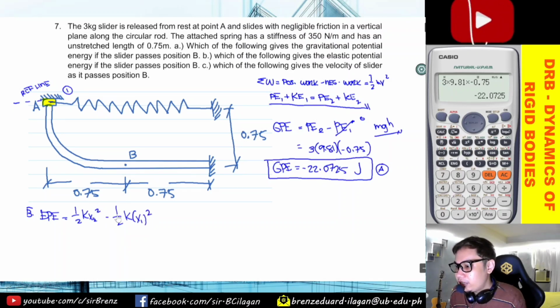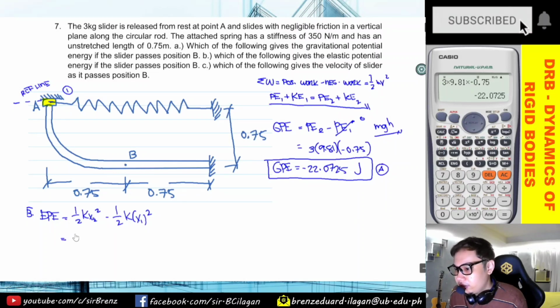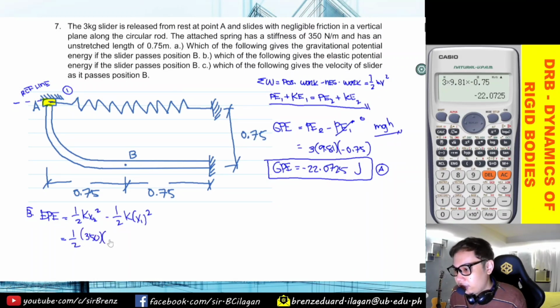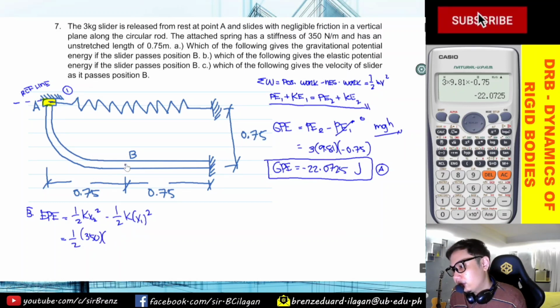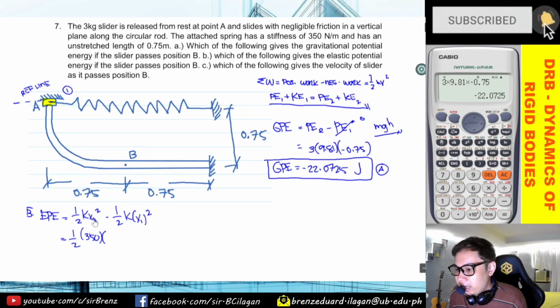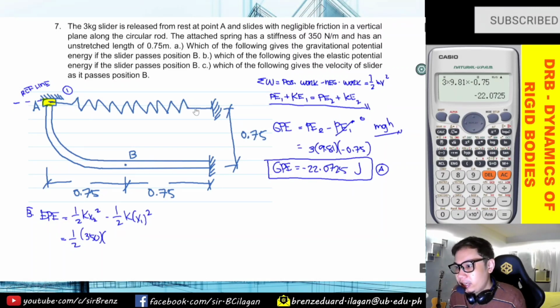Kung nasa baba siya, yung x natin is negative. So, 1/2 of k, yung k, ayun, 350. And then, x. Ito pala yung length nga. Again, initially, yung haba ng spring niya dito is equals to 1.5.